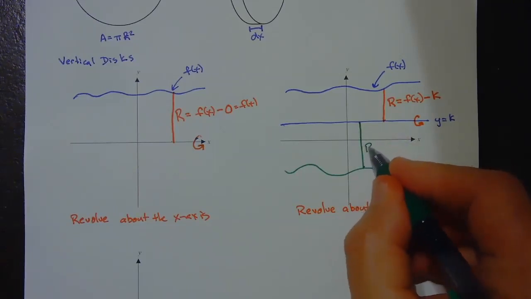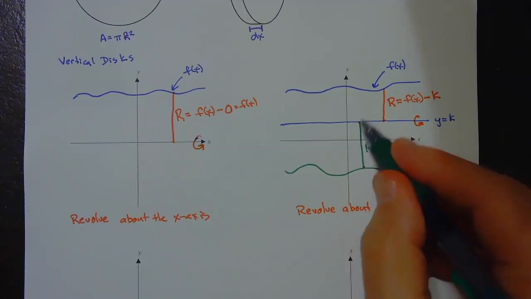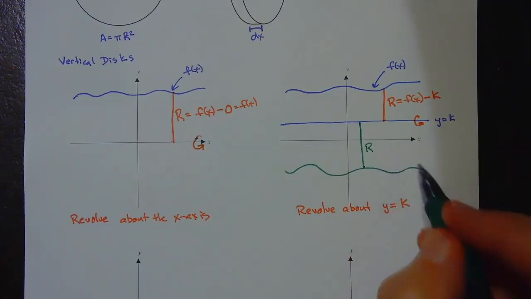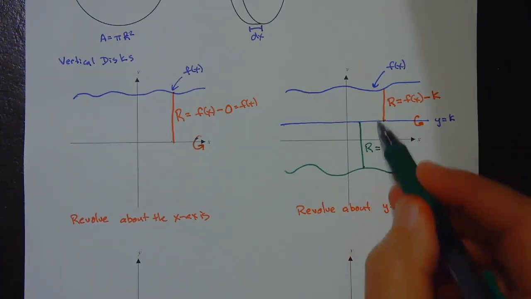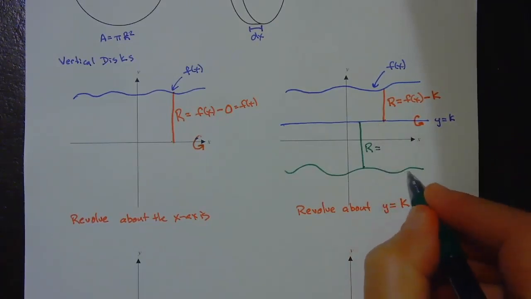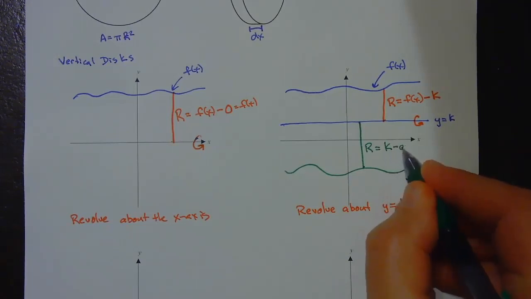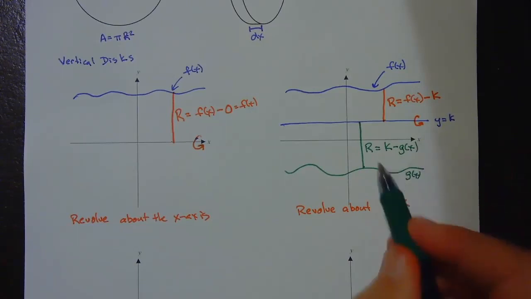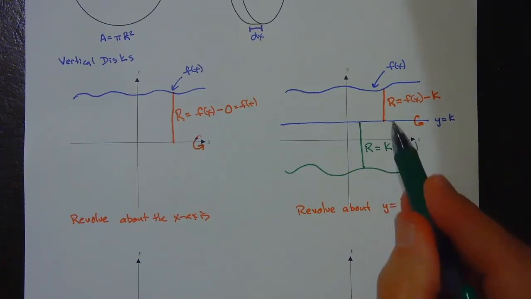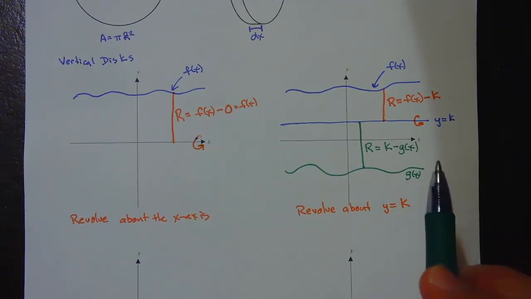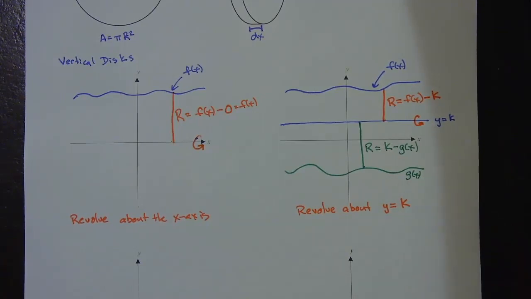That would be my radius that's created when I start rotating this around. In this case it's still top minus bottom, so it's going to be k minus g of x, because that will always give you a positive value. If you do top minus bottom, it's going to give you a positive radius. That's why it's important to do top minus bottom.